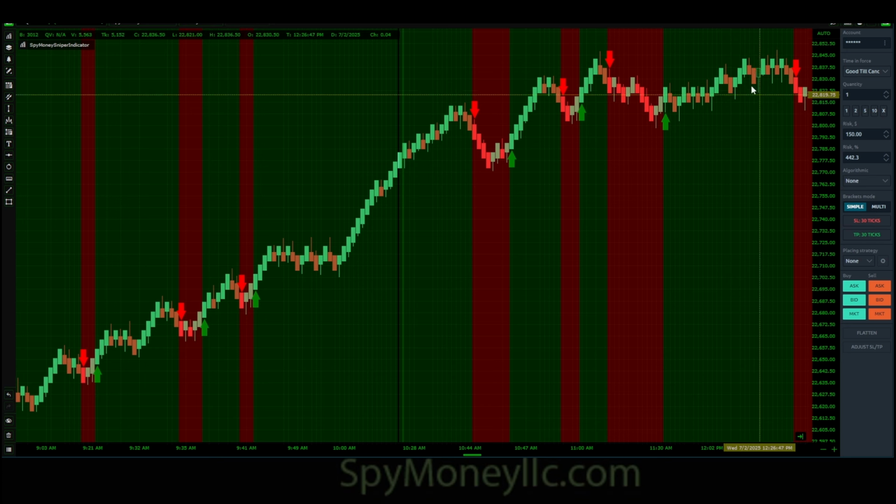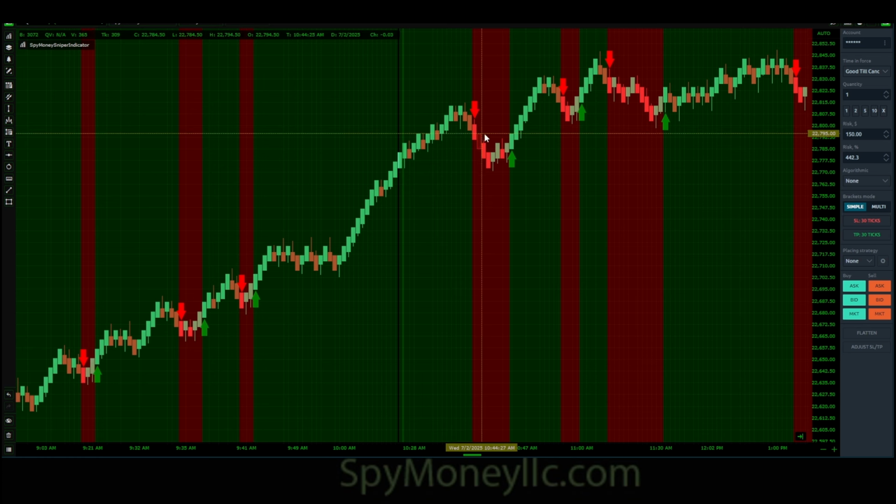So on the 40, I will generally use a 60 stop loss and a 40 or 60 take profit. Friday, I was trading the 20 SPY money bar quite a bit, and that's what I mainly traded on. The bot, I only use the 40 typically.